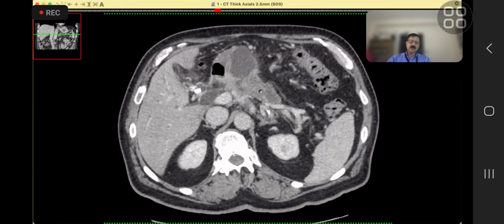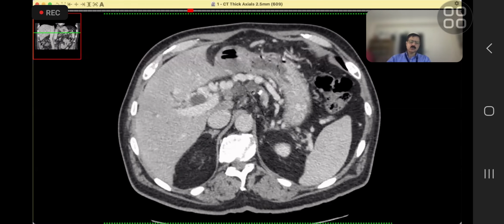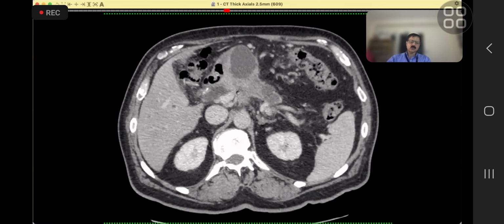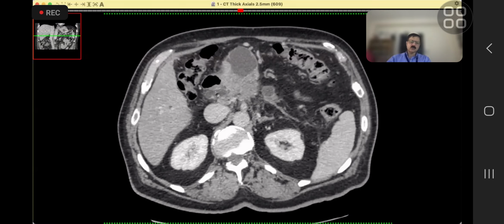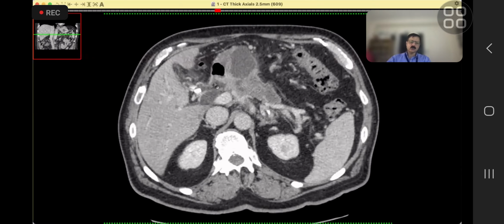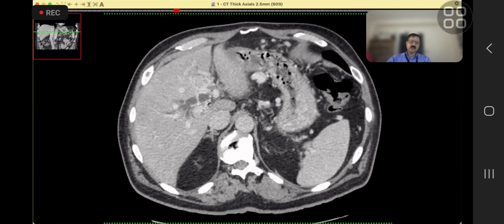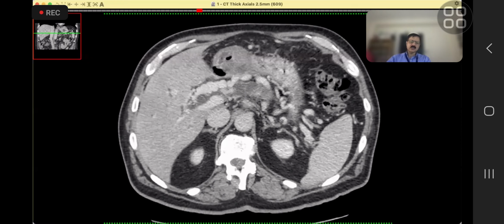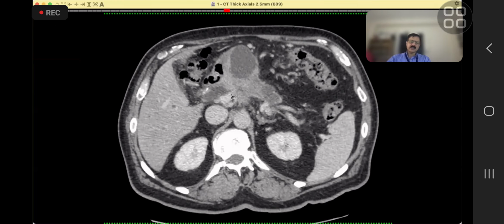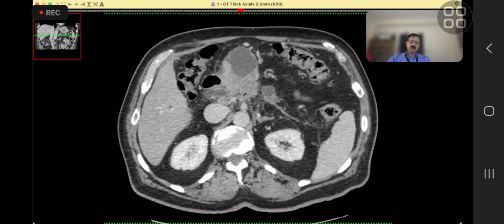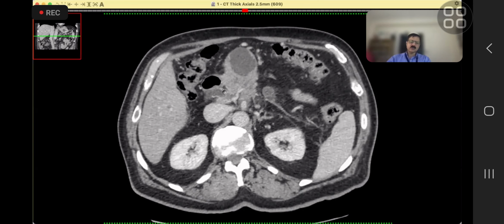It's all eaten up. Part of it is necrosed, and that necrosis is causing prominence of the duct, if you want. Now, this is the common hepatic, the CBD. If we trace it as it comes close to the head of the pancreas, then we lose it.